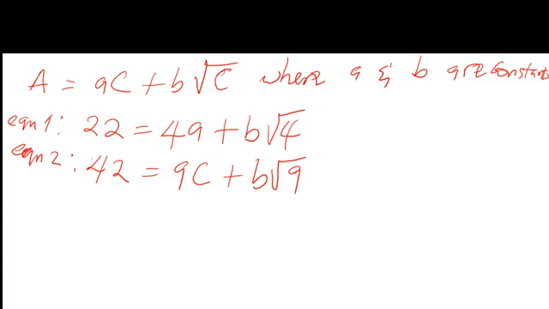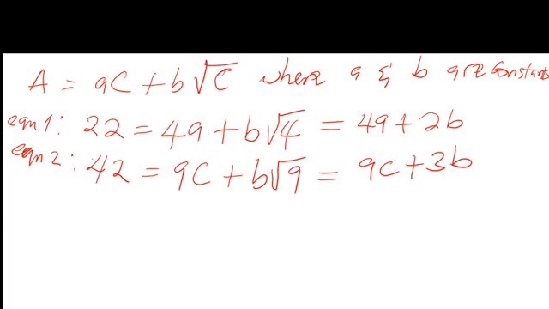Okay, so let's simplify this one. If we simplify, it will be 4A plus the square root of 4, that's 2B. Over here it will be 9A plus the square root of 9, that's 3B. So we have two equations.